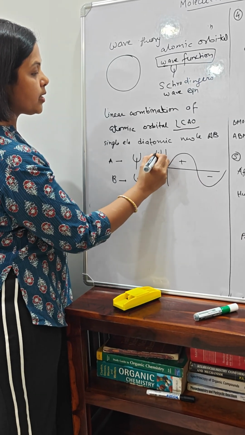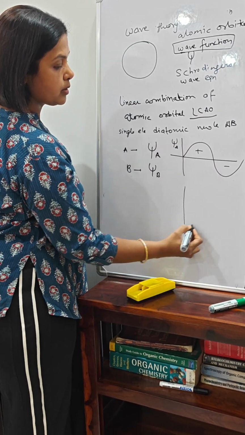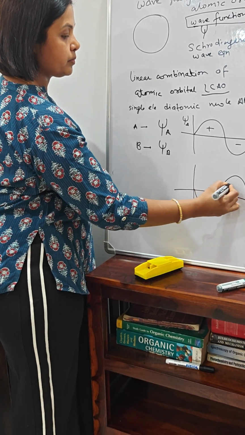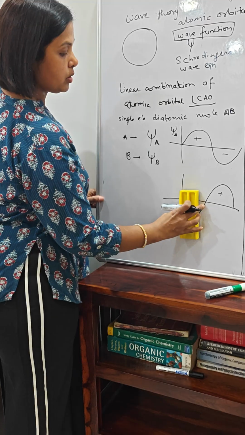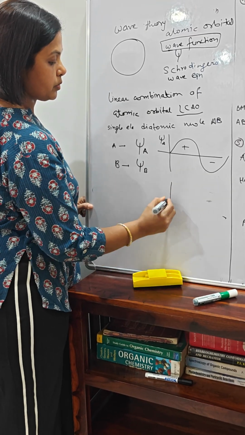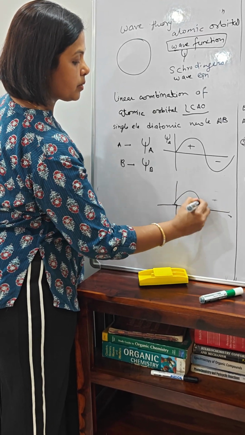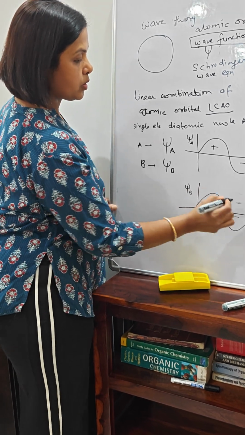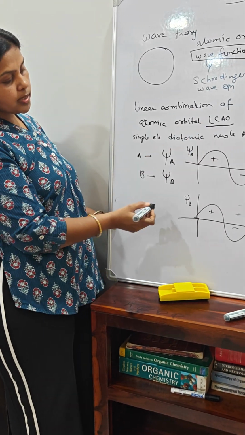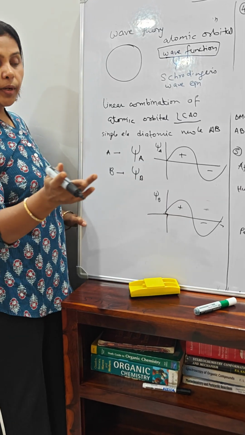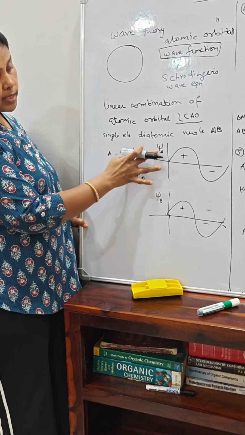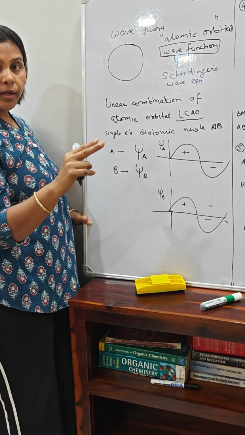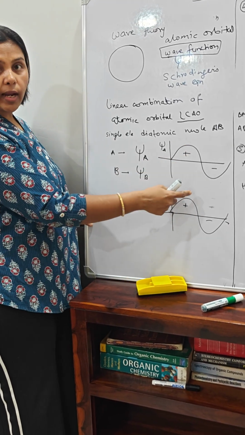So this is psi A and this is psi B. LCAO says that atom A and atom B can combine in phase overlap.